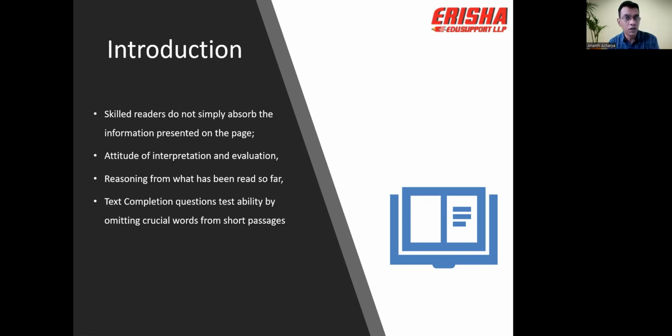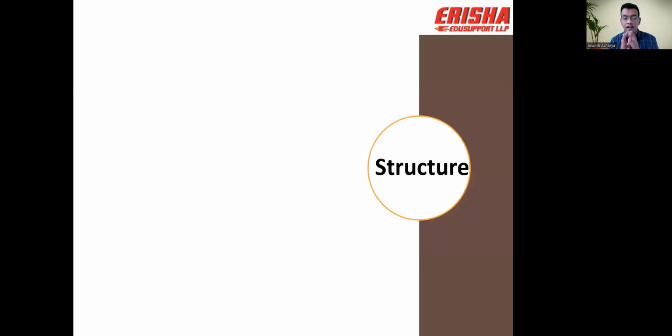They look at those words which are regularly used but have multiple synonyms and antonyms associated, which is not so easy to recollect and understand in our regular sentences, right? Text completion questions test this ability by removing crucial words that complete the entire sentence or passage given to you. So as we rightly said, it tries to assess your vocabulary.